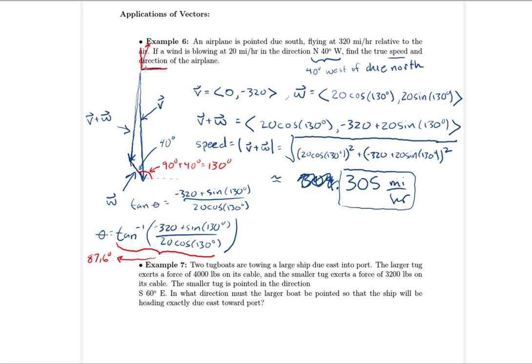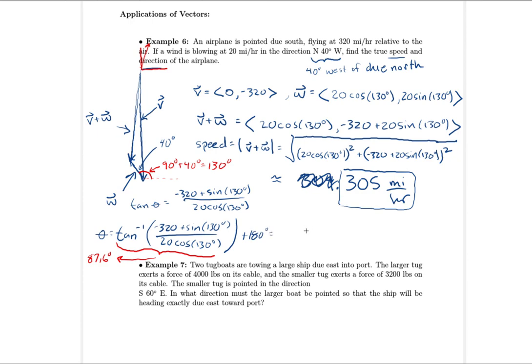But remember that tan inverse only gives you things between negative 90 and positive 90. So what's happening here is that this actual angle is 180 degrees bigger than the number it spits out. So while theta is not 87.6 degrees, it's much larger than that. It's 180 degrees bigger, so I need to add 180 degrees.